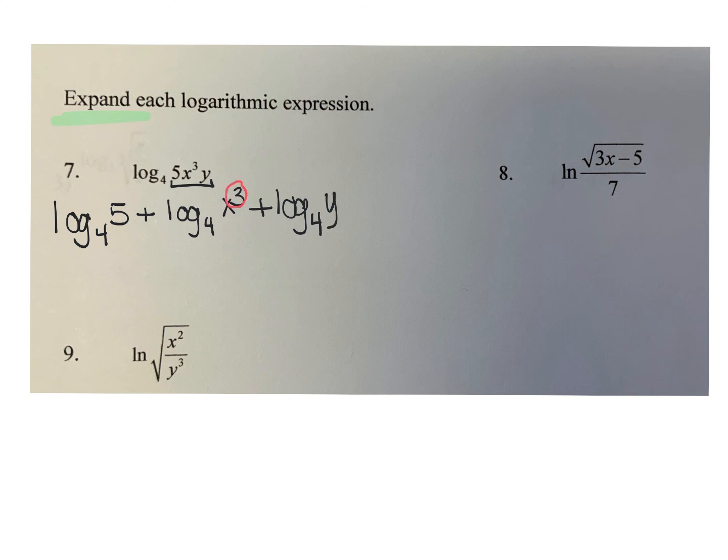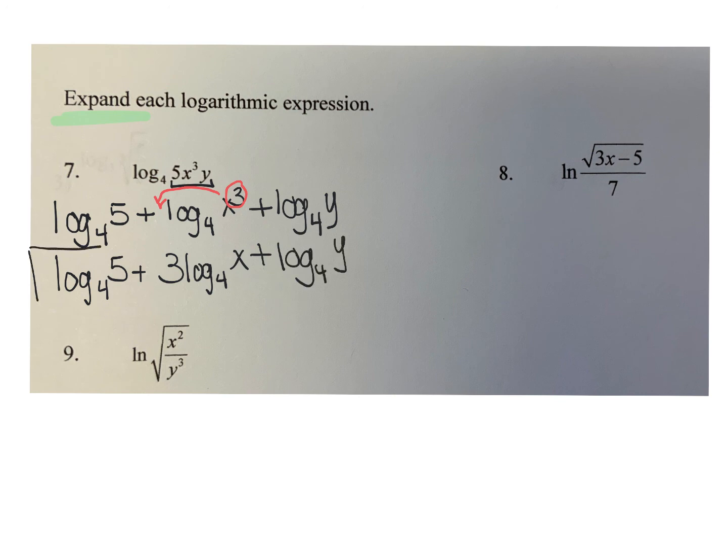Then you just take the 3, it's the only other thing you can do, and drop it in the front. So your final answer is log base 4 of 5 plus 3 log base 4 of x plus log base 4 of y. This is completely expanded out.